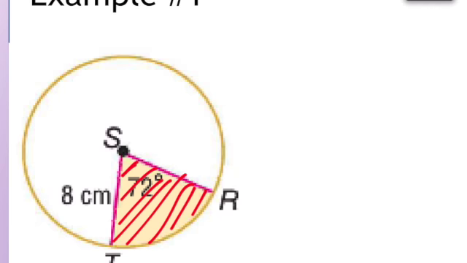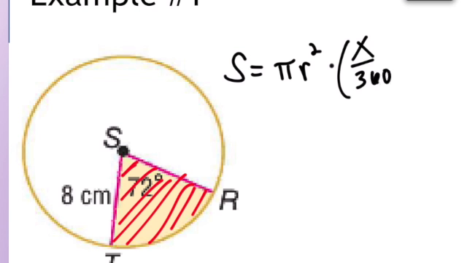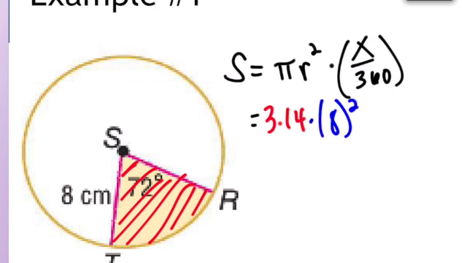The formula says the area of a sector is equal to the area of a circle times x over 360. So we know how to find the area of a sector. It's just pi, so 3.14 times the radius squared, so times 8 squared, and then times whatever the angle is that covers that area over 360.